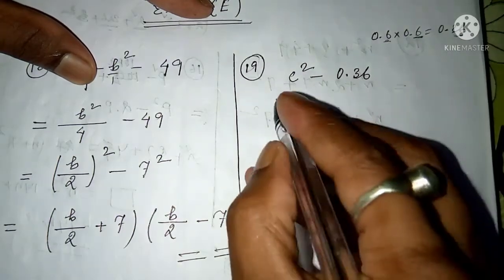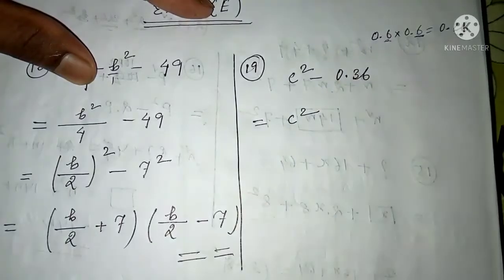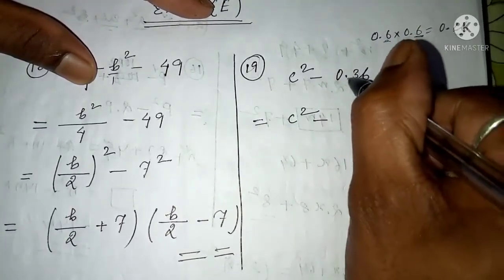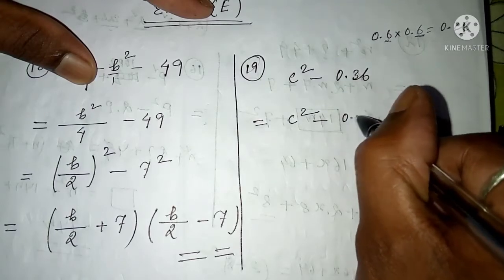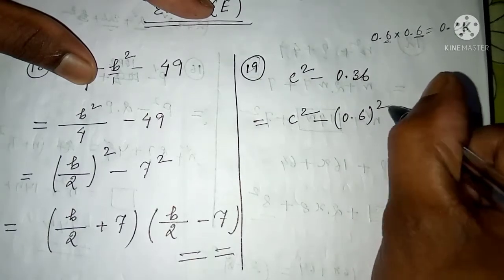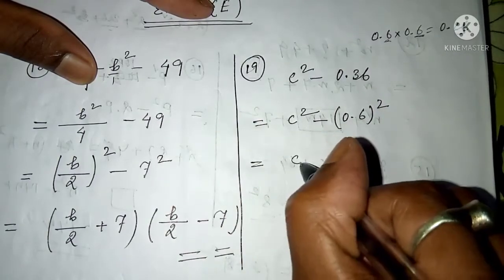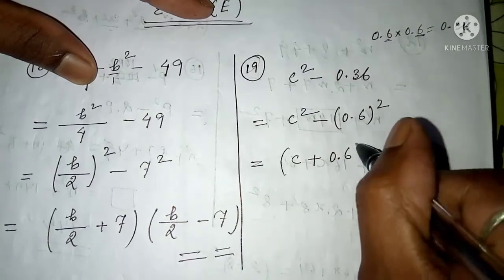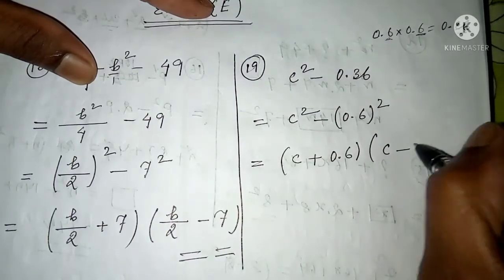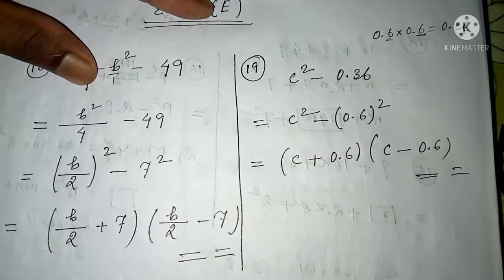That means 0.36 I can write as 0.6 whole square. 0.6 whole square means again 0.36. Now first term plus second term, that is c plus 0.6, into first term minus second term, c minus 0.6. So this is our answer to the 19th number question.